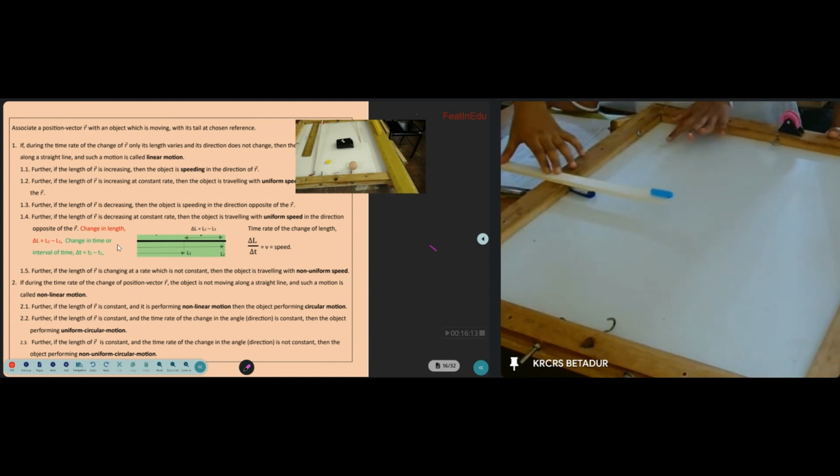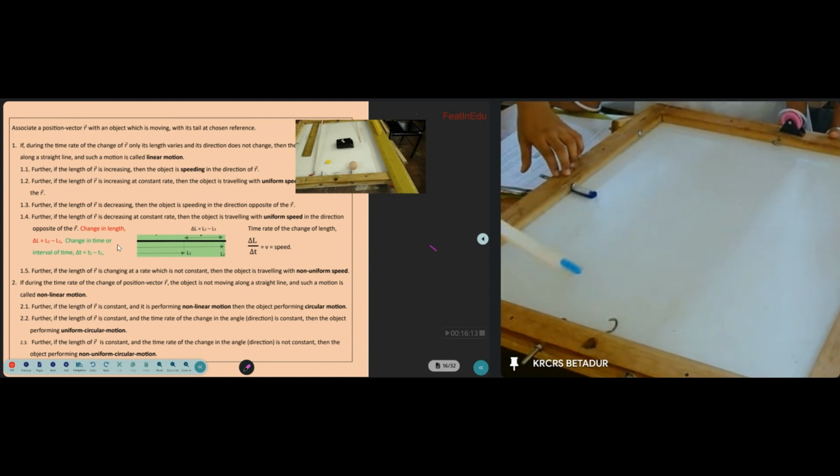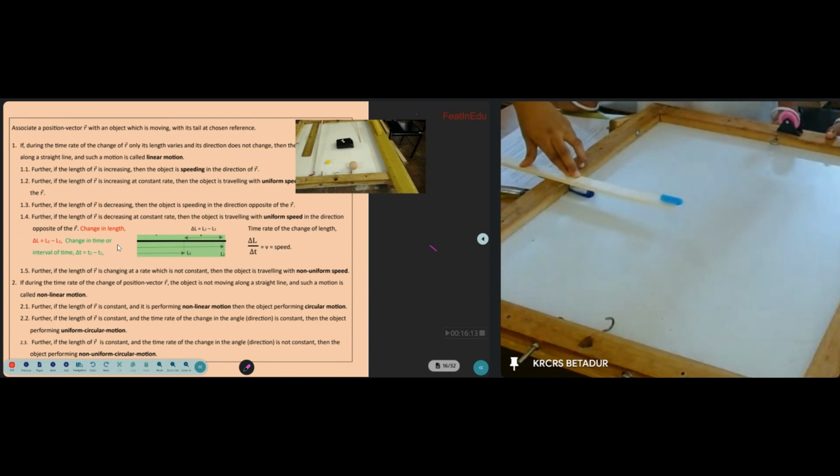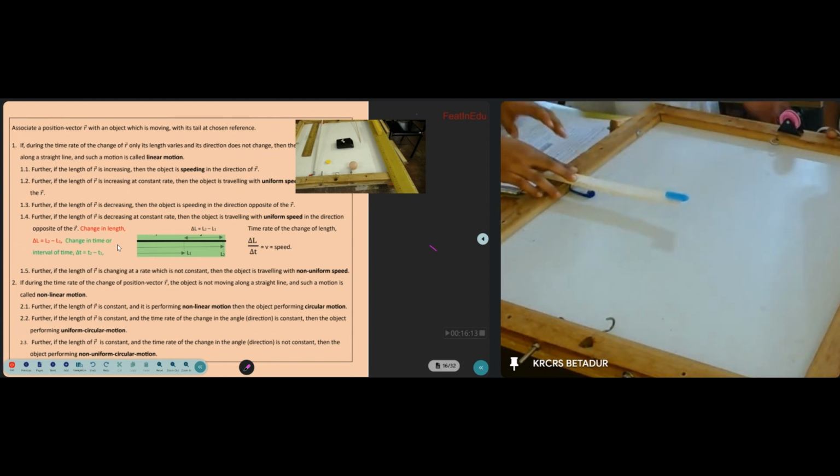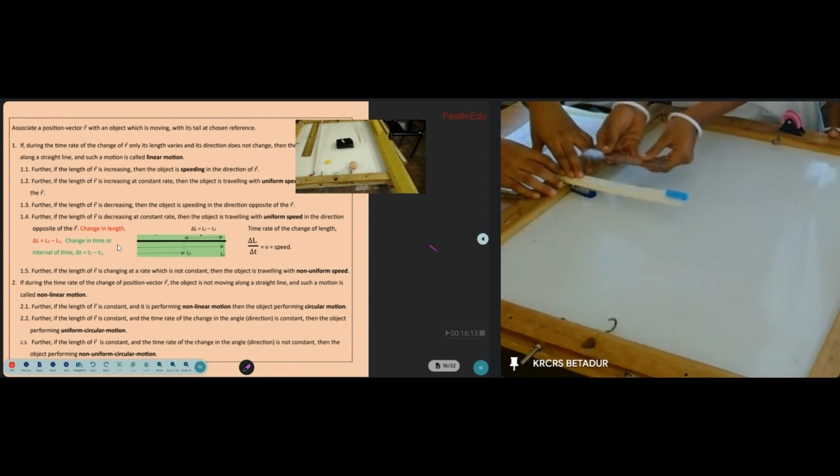Now listen. Keep the object on the table. Take it back. Now listen, stop. From the reference point, if you have a scale, measure the distance from the reference point. Someone bring a scale and measure it. How far is the object from the reference point?